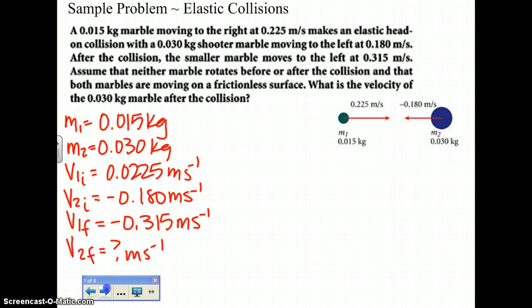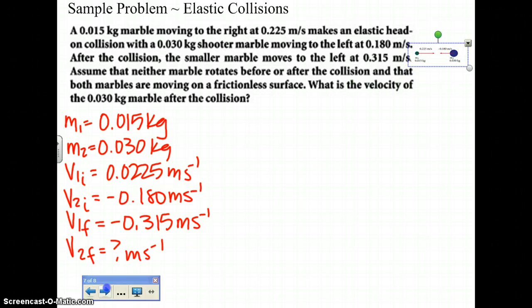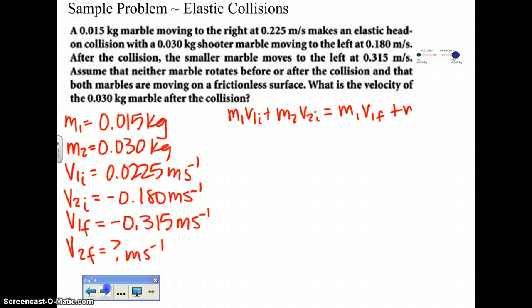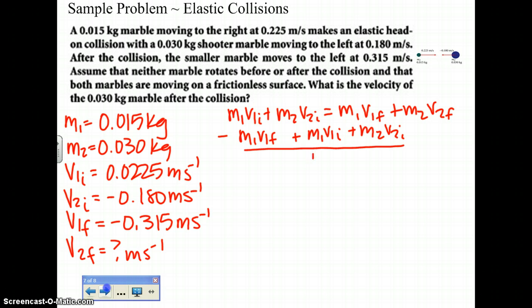So this equation is going to become m1v1i plus m2v2i equals m1v1f plus m2v2f. So it's kind of like those billiard balls all the way back at the first video that we watched here. Rearranging this, we should get negative m1v1f plus m1v1i plus m2v2i all over m2 equals v2f.